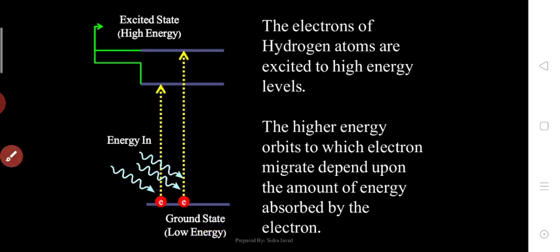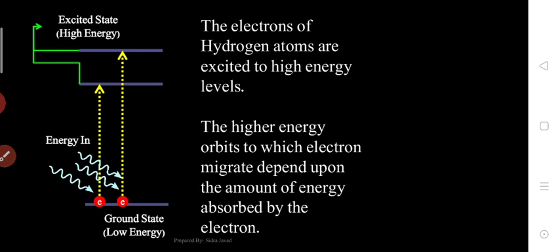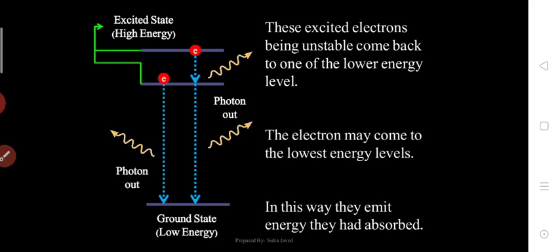The higher energy orbit to which the electron migrates depends upon the amount of energy absorbed by the electron, meaning whether it jumps to the first excited state, second excited state or third excited state depends on how much energy that particular atom has absorbed. These excited electrons are unstable and come back to a lower energy level.